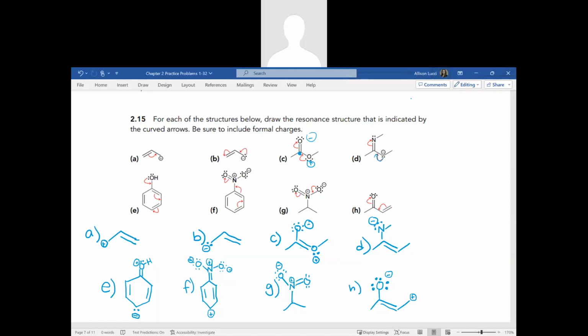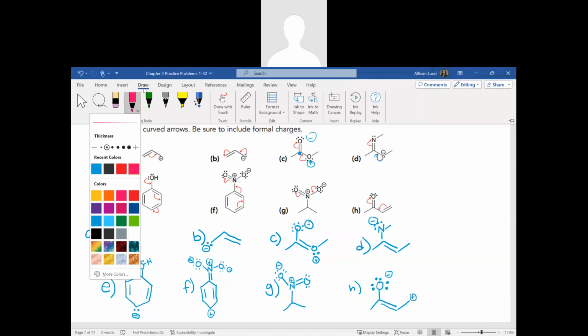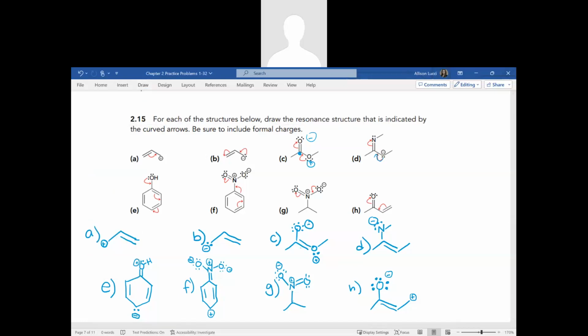Then we move to the second row that's drawn out here, and we see the answer for E shows, with 3 curved arrows, movement of a lone pair to form a double bond between oxygen and carbon. So we can keep track of everything here. That's right here, so that new double bond has formed.